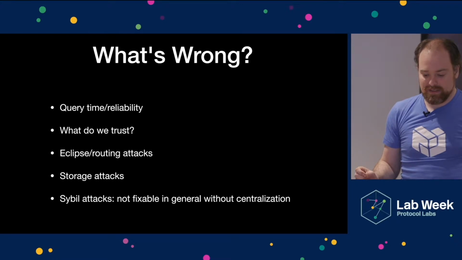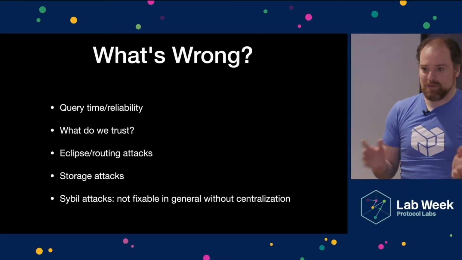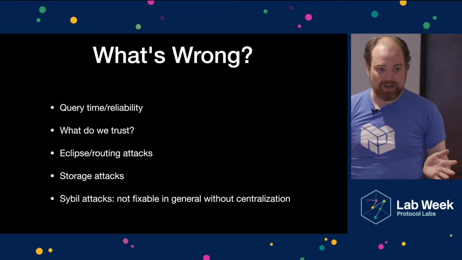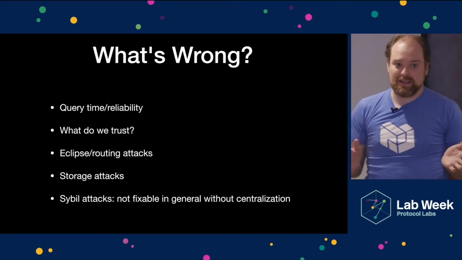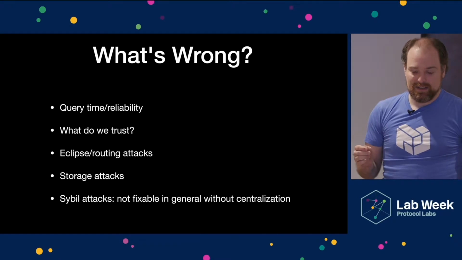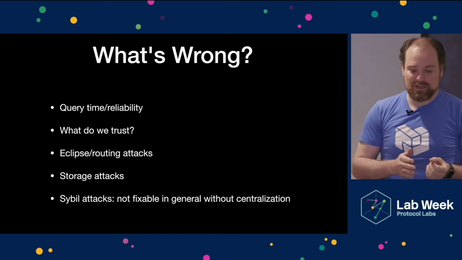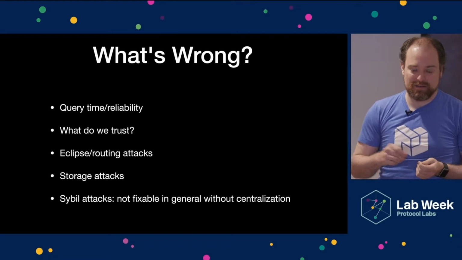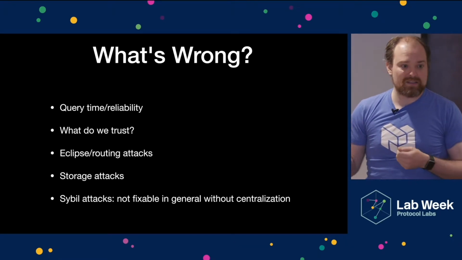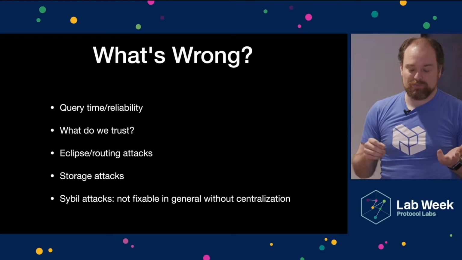One is, well, okay, what's our threat model here? There are a few things an attacker can do in a DHT. They can try to control the nodes that are storing certain records, like for particular blocks.